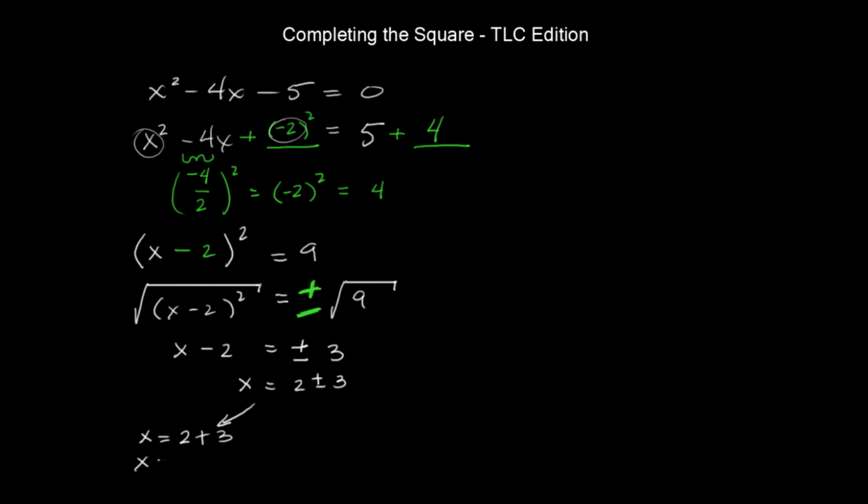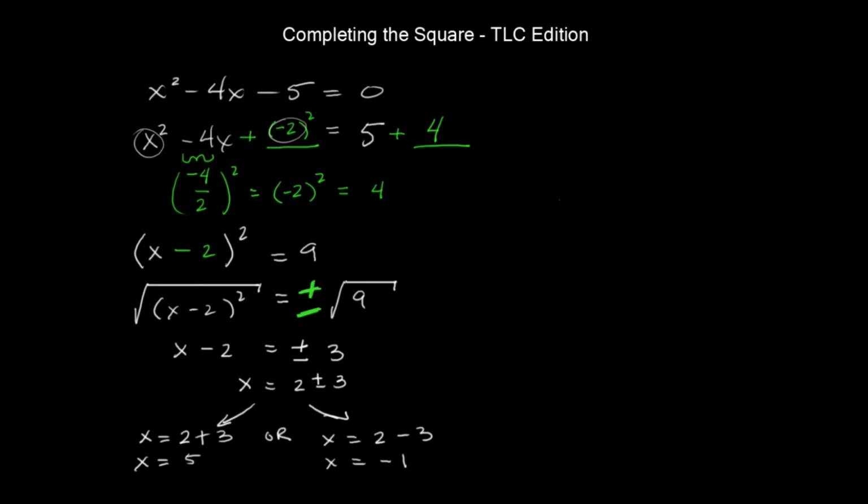So that means that x is equal to 5. Or our other solution will be x is equal to 2 minus 3. And so therefore x is equal to negative 1. So our two final answers are x equals 5 or x is equal to negative 1.